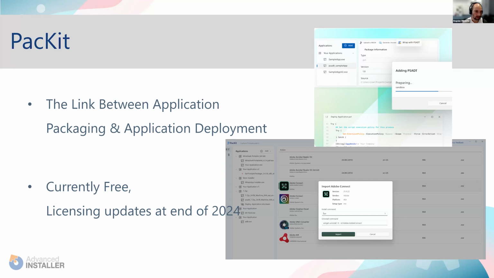Somewhere in the last quarter of this year, we've already started working. You'll be able to receive updates for those applications. Also, assign those applications directly in Intune. So from a single UI, you can get the application package with Advanced Installer if you need to create a transform or repackage it and so on.